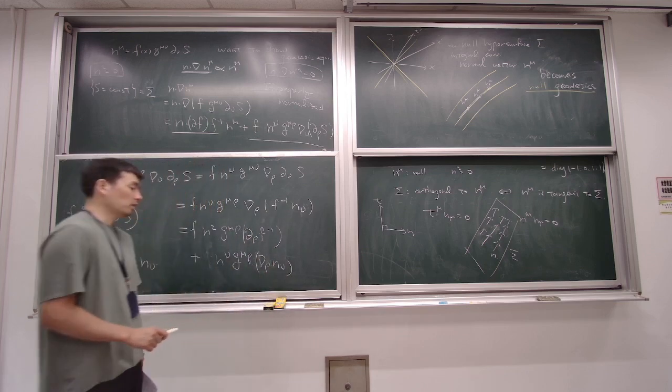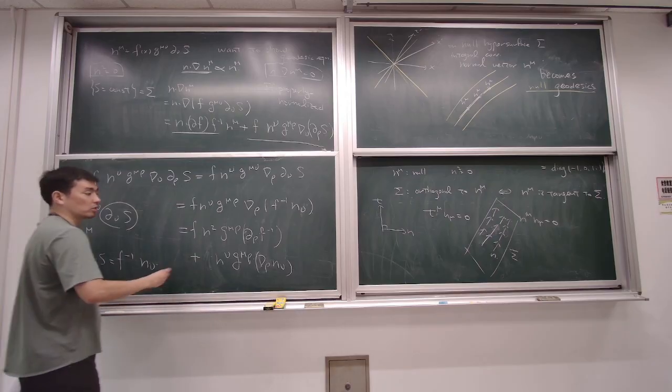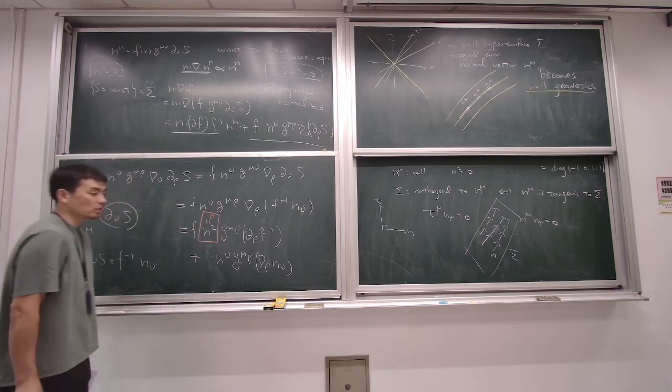Okay, like this way. And since we know that this is null, this is equal to 0. So the first term is equal to 0.